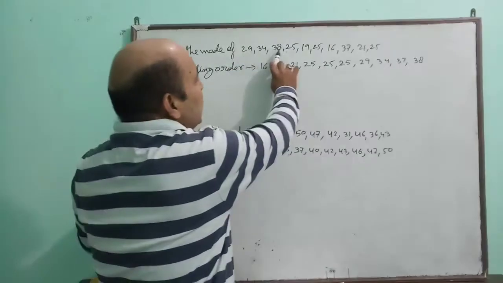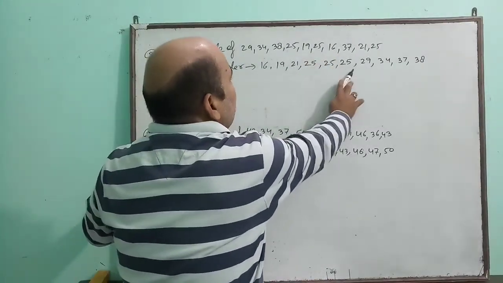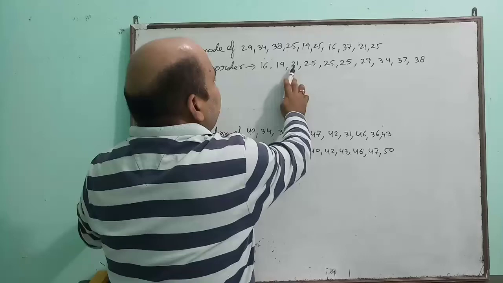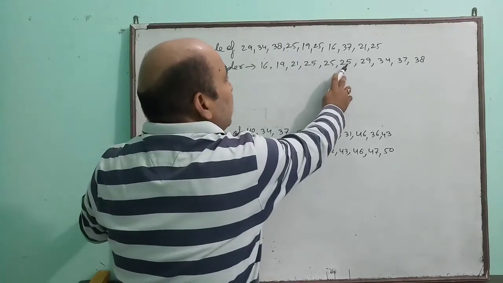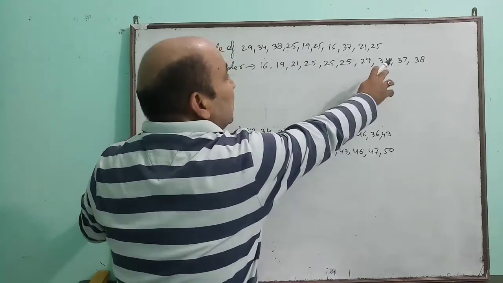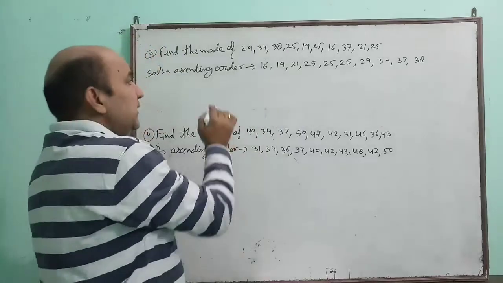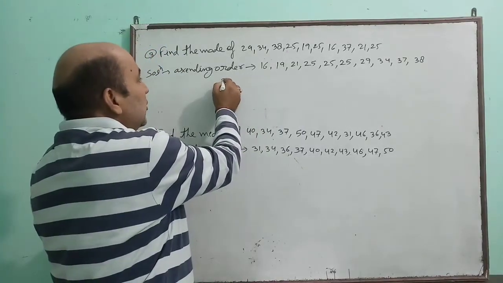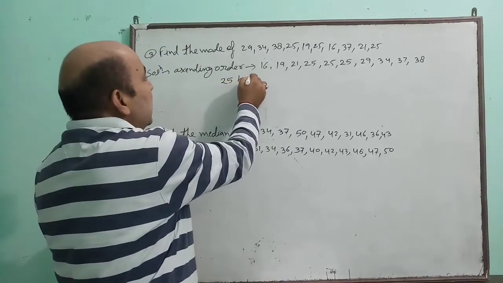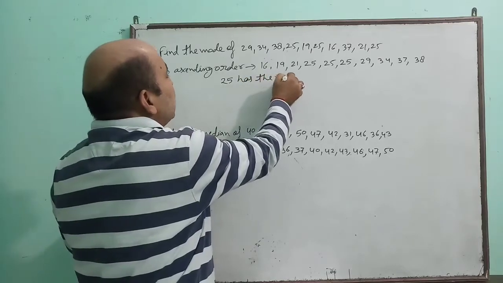See, I have arranged all these numbers in ascending order: 16, 19, 21, 25, 25, 25, 29, 34, 37 and 38. You are watching that 25 has the maximum frequency.